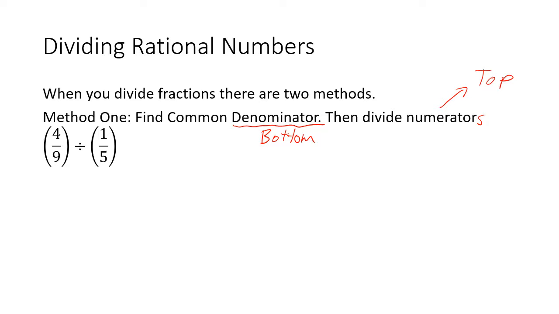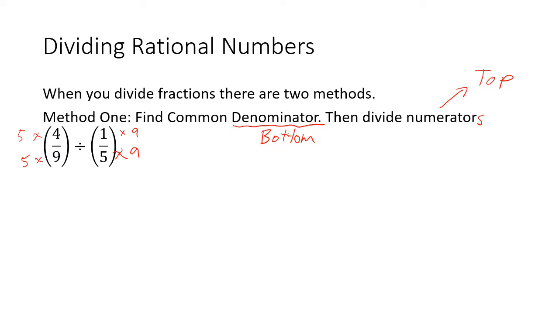So we have 9 and 5, and the easiest way to find a common denominator is to multiply each of them by the other. So 5 times 9 and 9 times 5. And remember, what you do to the bottom, you must do to the top. So I timesed the bottom by 9 here, so I must do the top by 9, and the bottom was timesed by 5, so the top goes by 5.